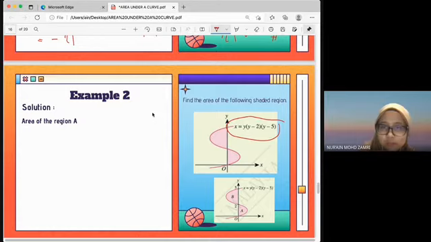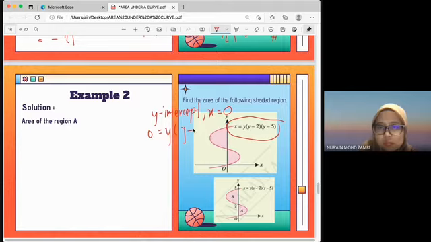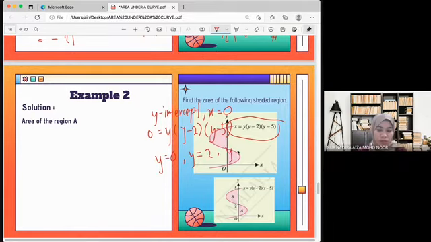When we want to find the y-intercept, we will let x equal to 0. So y(y minus 2)(y minus 5) equals 0. So you will get y equal to 0, y equal to 2 and y equal to 5.